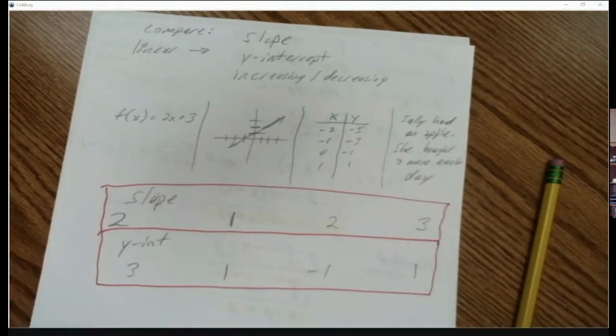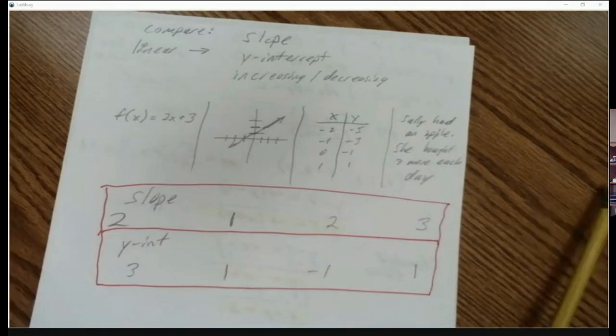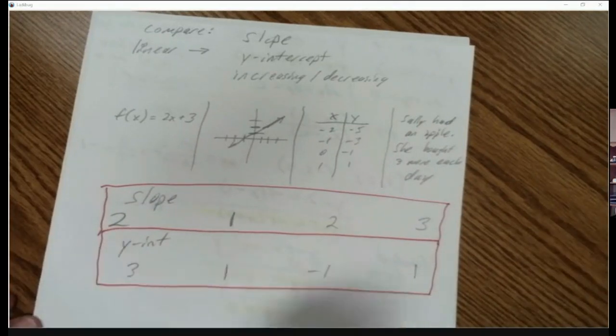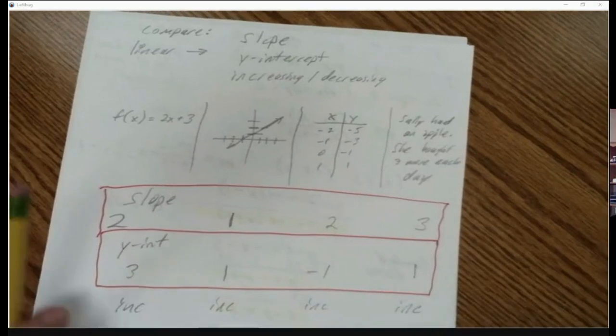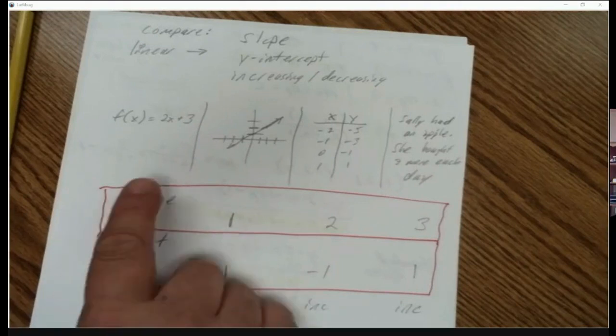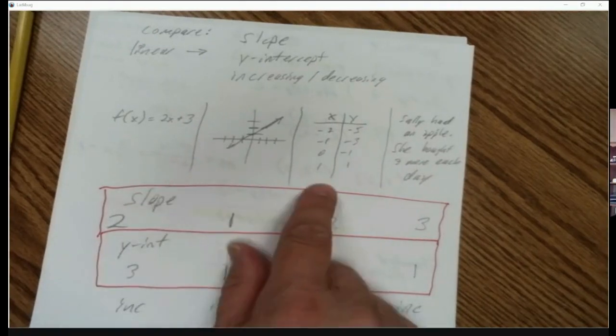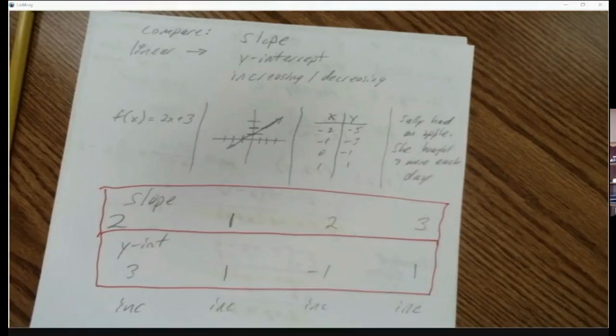All right, so we look at key features. And we can say, are they increasing or decreasing? Well, these all have a positive slope, so they're all increasing. So we have to be able to compare functions given different representations, right? Whether it's an equation, a graph, a table, or a story problem.